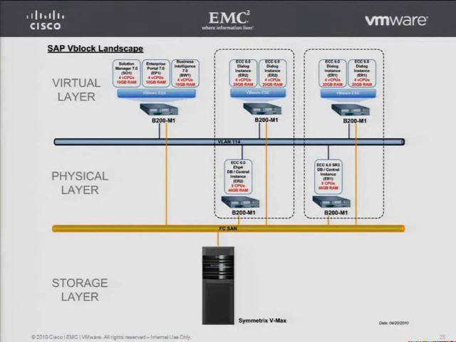We didn't install any kind of hypervisor. We didn't install any kind of ESX or vSphere on top of it. So the database itself is purely running on native. The ECC central instance and dialog instance are actually installed on ESX, sitting on the virtual layer at the top. All these are being connected to a backend storage of Symmetrix VMAX.